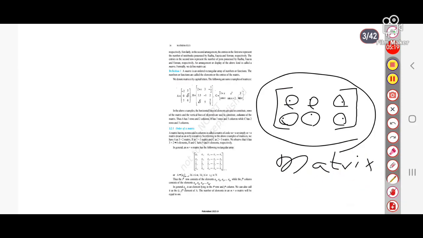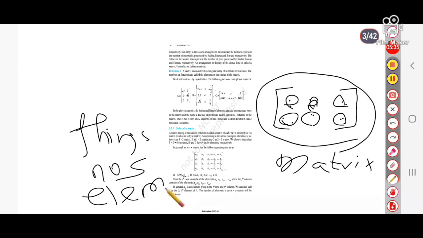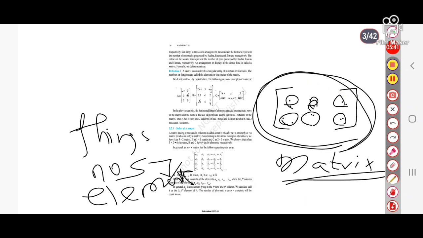I repeat, it is a depiction of certain things in the form of numbers, and the things depicted inside are called elements, that is the numbers, and this entire thing is called a matrix.